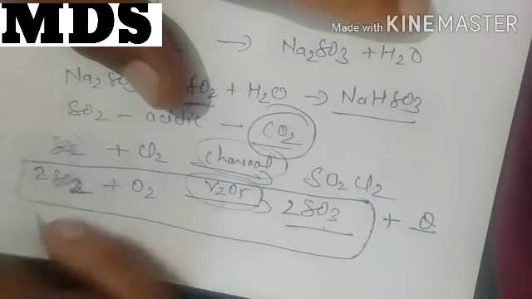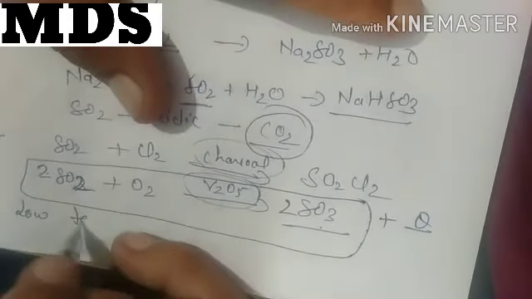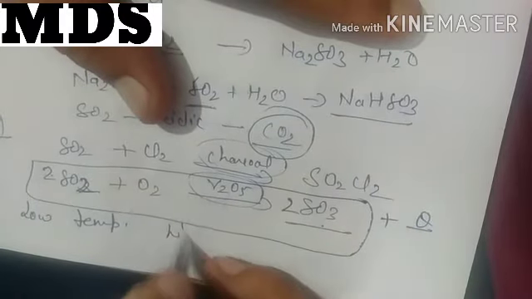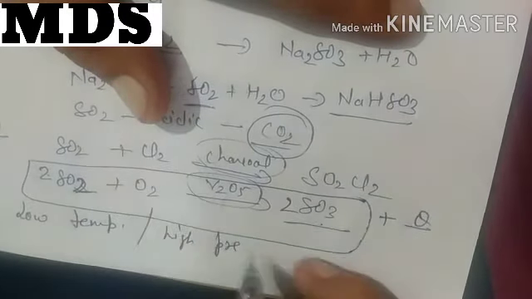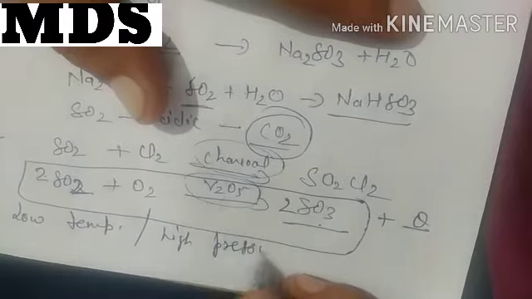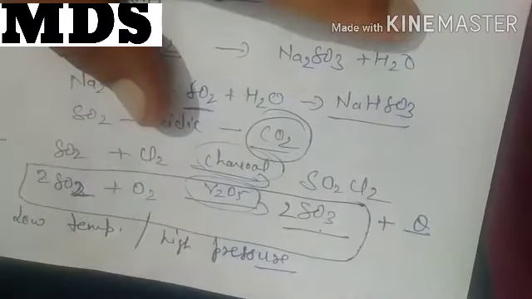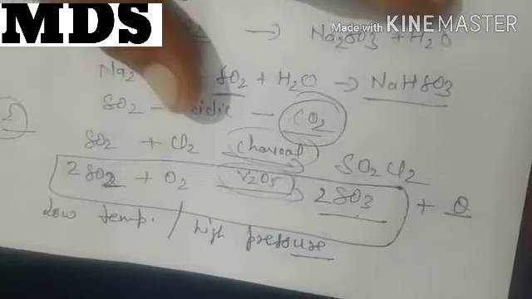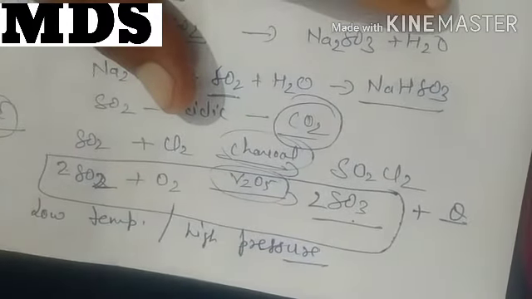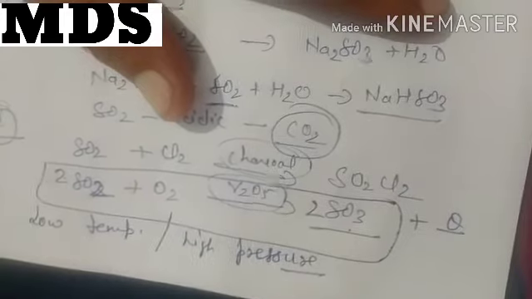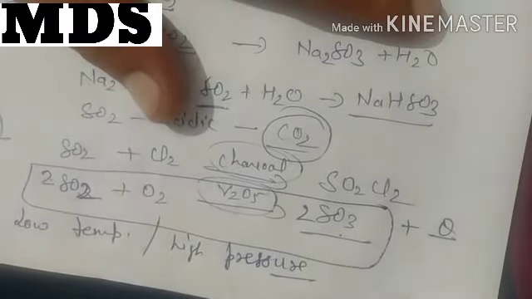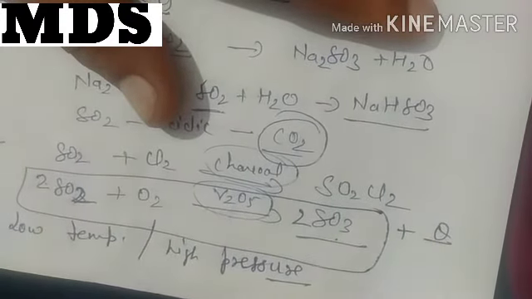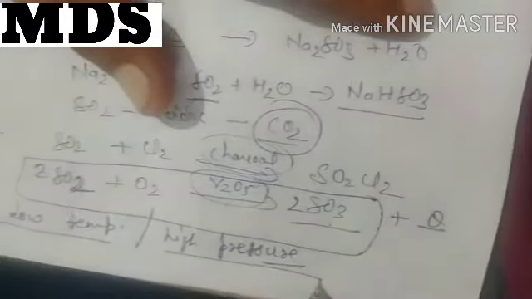So that's why low temperature and high pressure are the necessary conditions for the conversion of sulfur dioxide to sulfur trioxide, or you can say for enhancing the production of H2SO4. The best conditions needed are low temperature and high pressure.